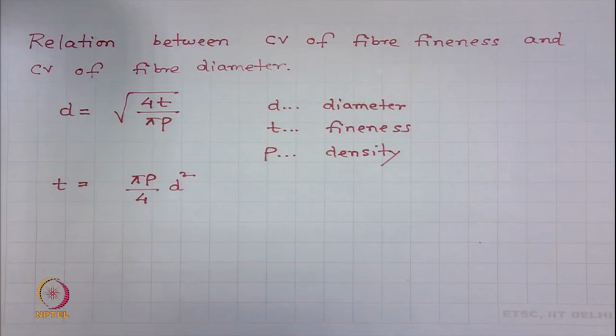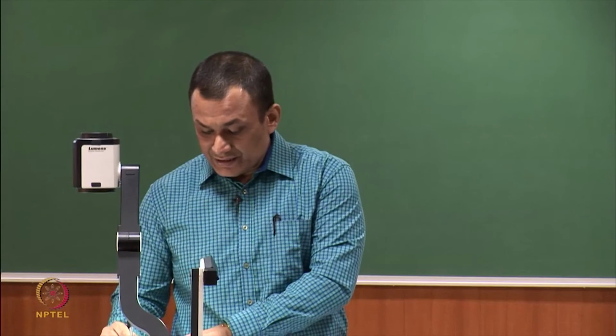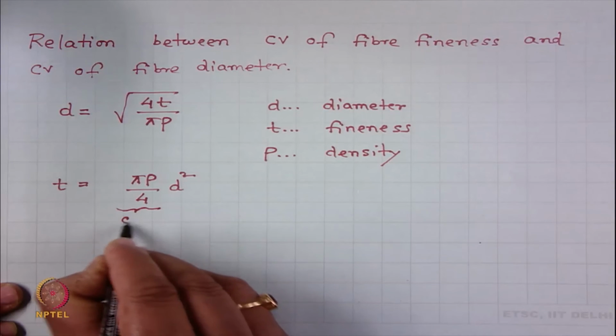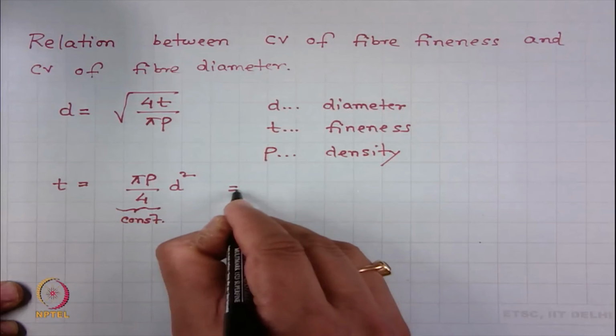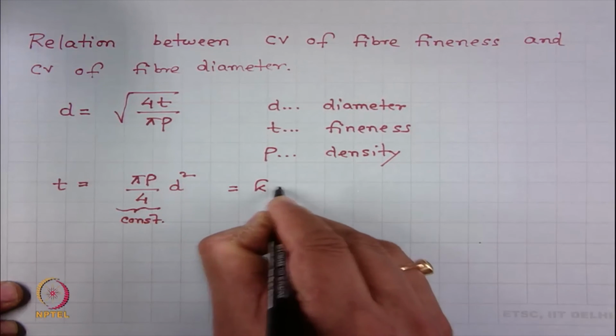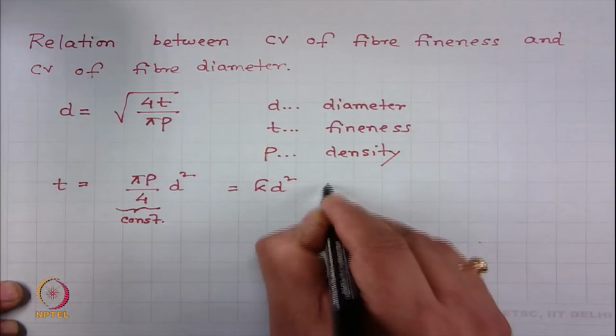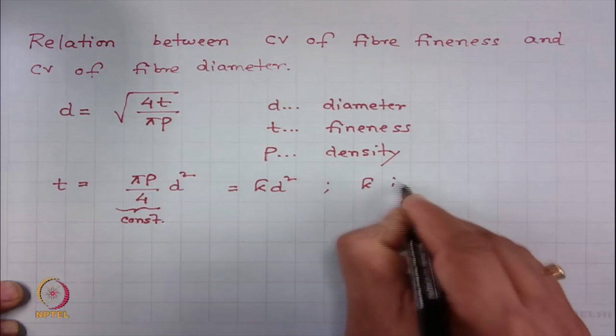For a given fiber, rho is constant and obviously pi by 4 are also constants. So, this becomes a constant. Suppose we write this constant by k, then we write T equals k d square, where k is a constant.